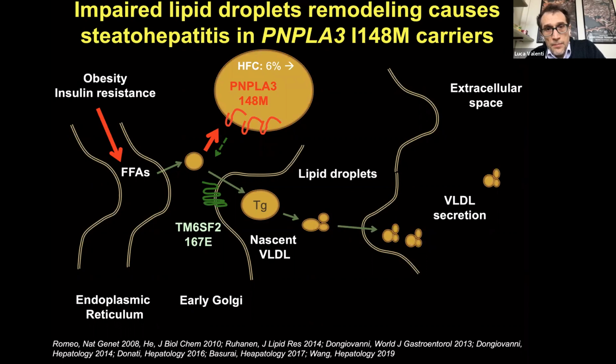On the contrary, the methionine variant of PNPLA3 is not enzymatically active.